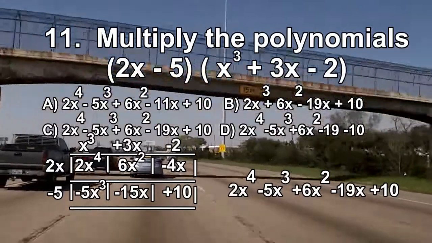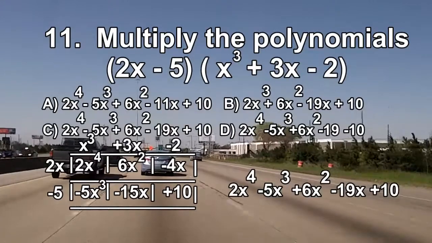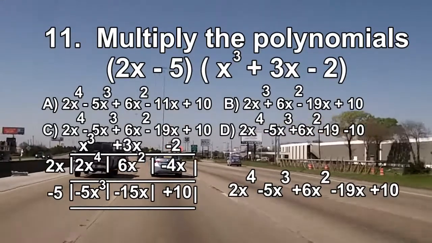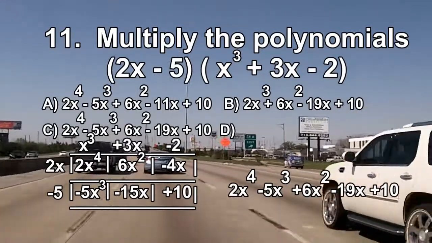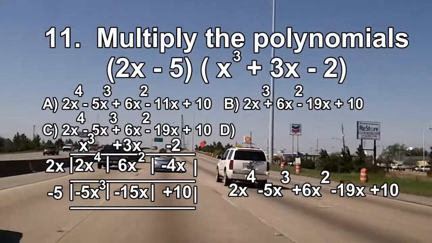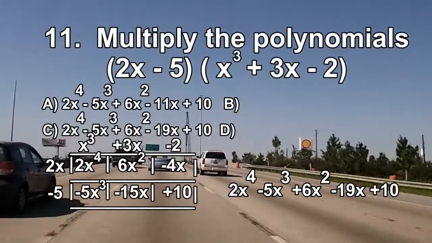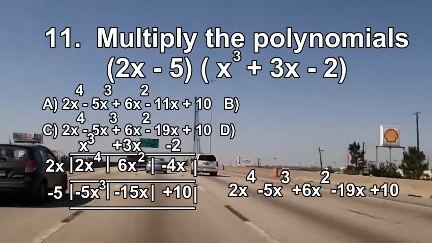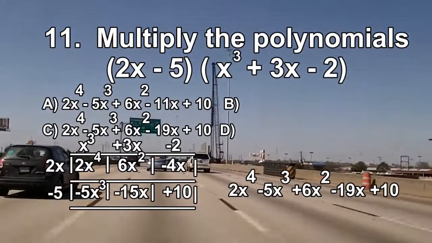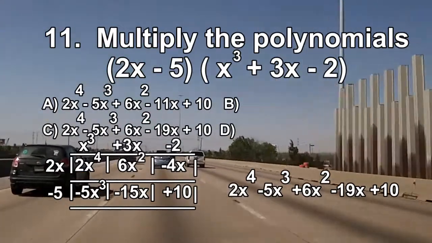If you were to look at your answer choices, choice D is incorrect because it ends with a negative 10 and not a positive 10. Choice B is incorrect because it starts off with 2x to the third instead of 2x to the fourth. Now we're down to choice A or choice C. Notice that in choice A there's a negative 11x and in choice C there's a negative 19x.